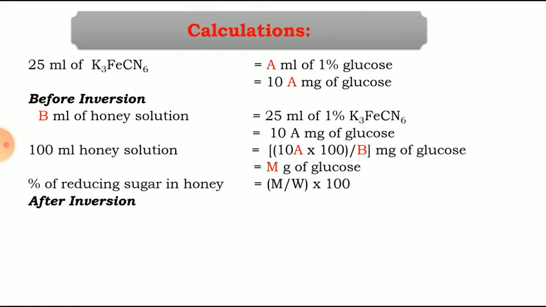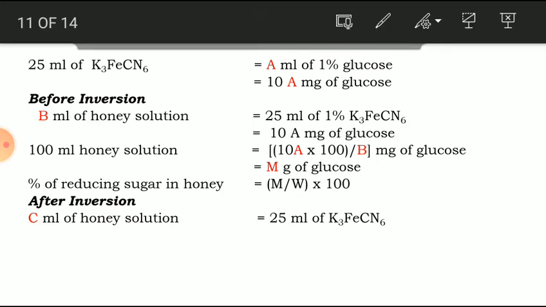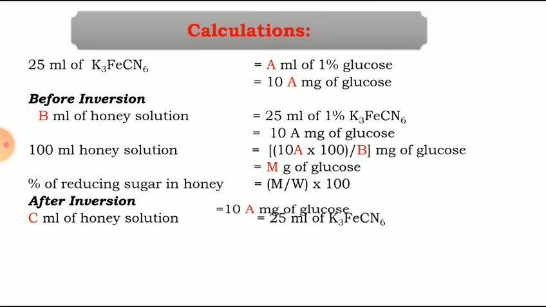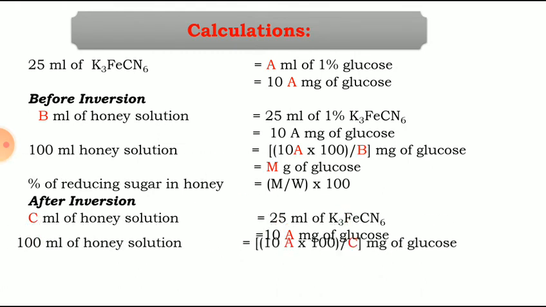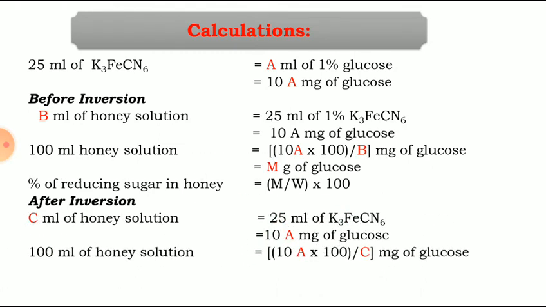Then after inversion, C ml of honey solution contains 25 ml of K3FeCN6. Okay, again 10 into A milligram of glucose. 100 ml of honey solution contains 10 into A into 100 by C, that will be the milligram of glucose, that is n gram, whatever value we are getting.